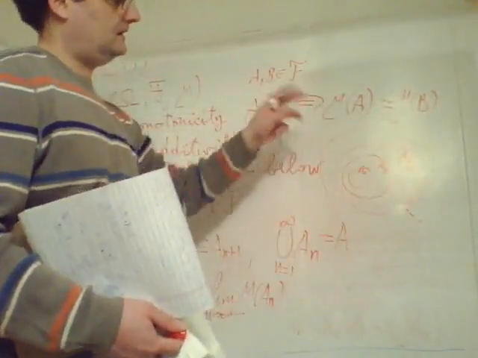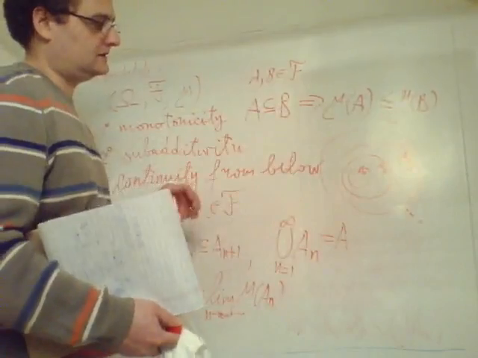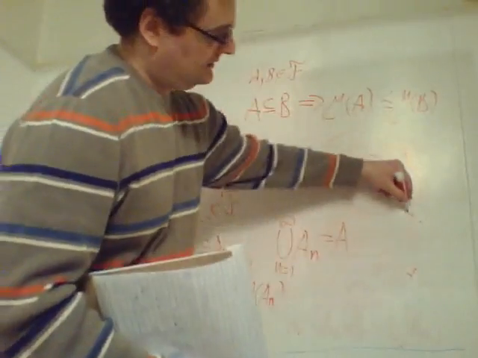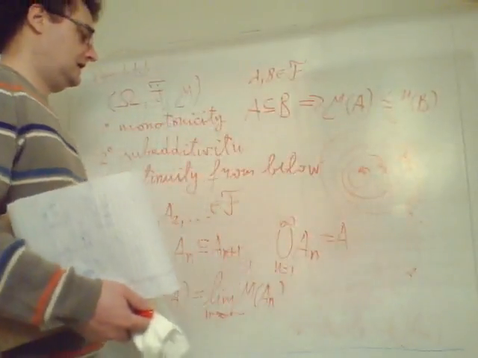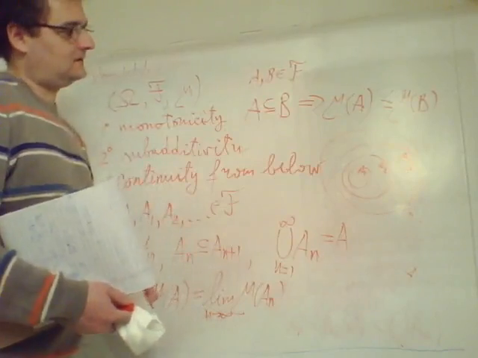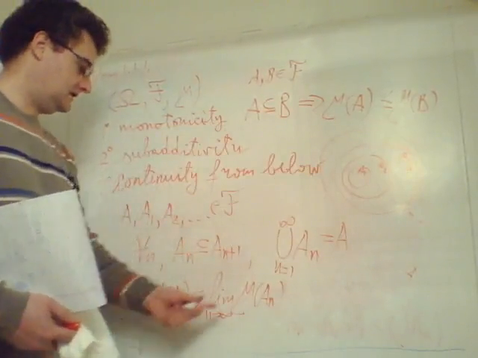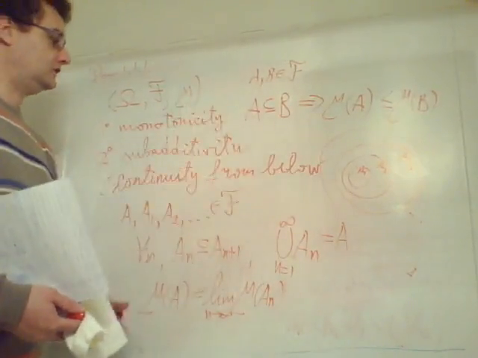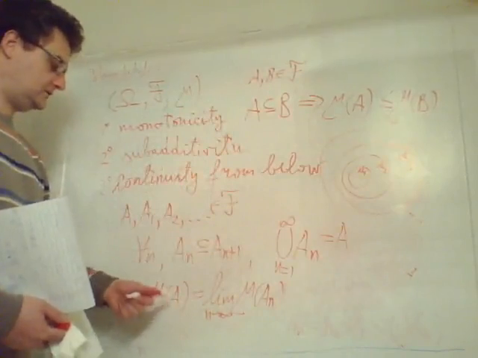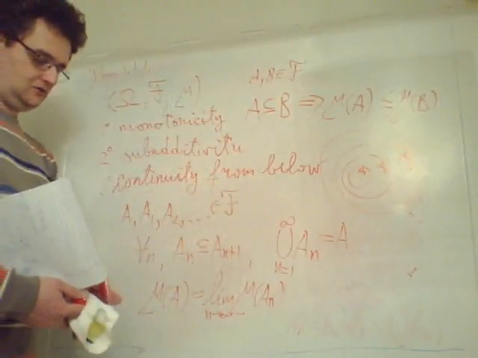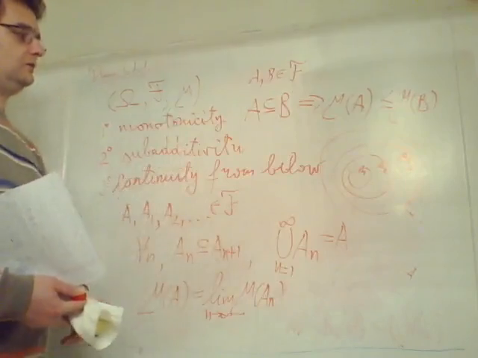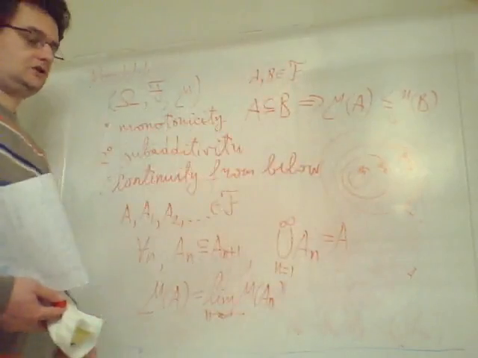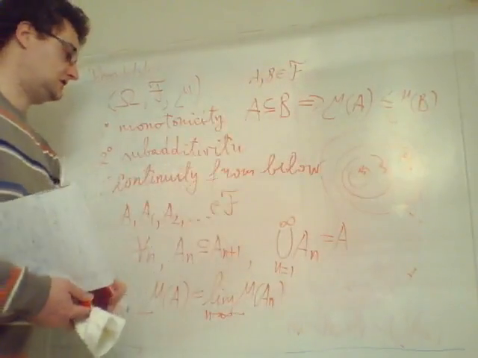I mean, each set contains all previous ones, and finally the entire union of all these is A. So this is definitely an increasing sequence, so it rises from below all the way up to this, and that's why it's continuity from below. Okay, so you are taking ANs larger and larger, and mu of AN is getting larger and larger.